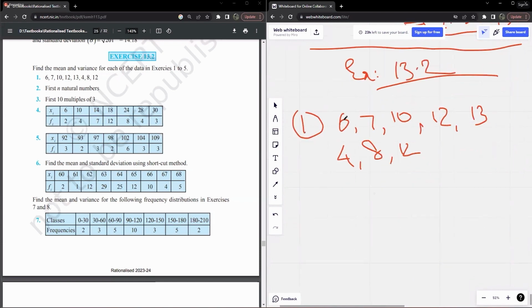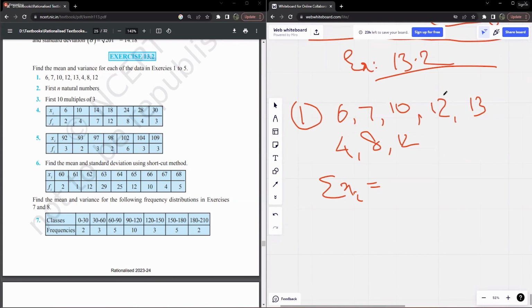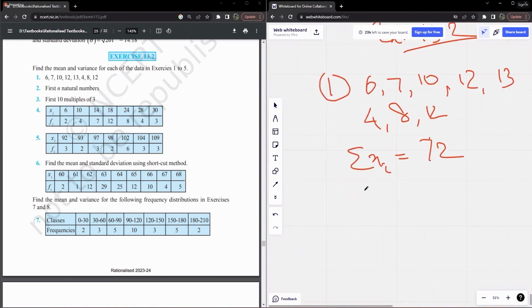So your summation sigma xi is equal to 6, 7 is 13, 13 plus 10 is 23, 23 plus 12 is 35, 35 plus 12 is 47, 47 plus 13 is 60, 60 plus 12 is 72. So your mean x bar is going to be 72 divided by 8, which is 9.